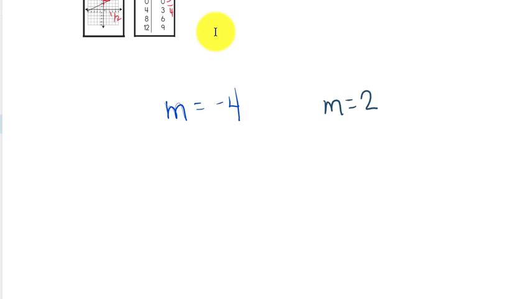Now, if we compare just the straight numbers, -4 versus 2, and I asked you to place a less than, greater than, or equal to symbol between them, you would say -4 has less value than +2, which would be true.